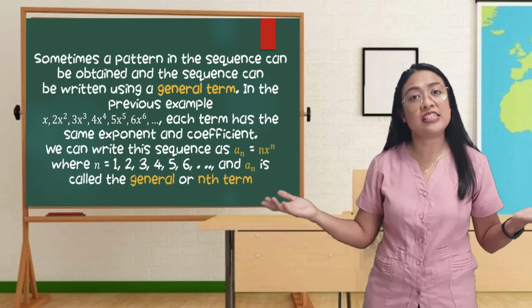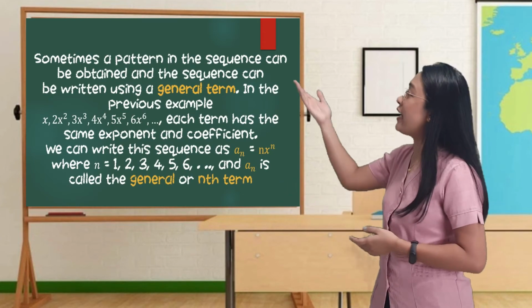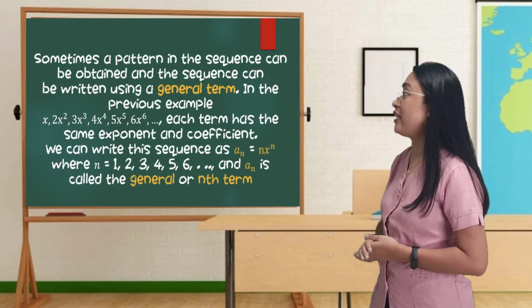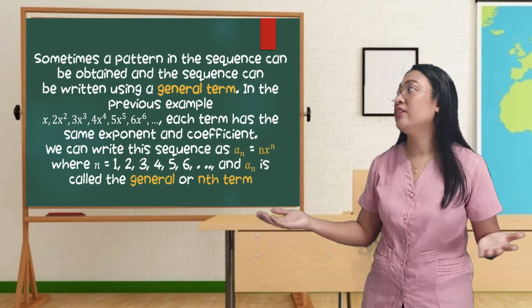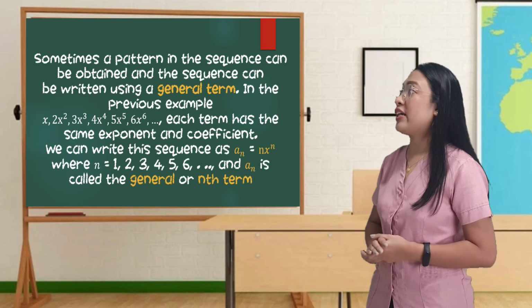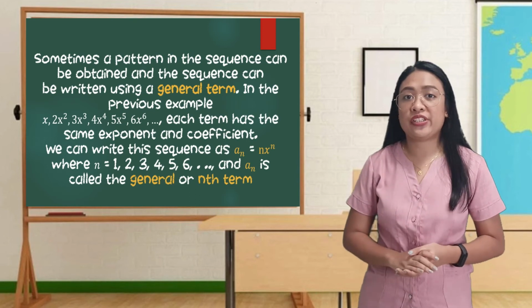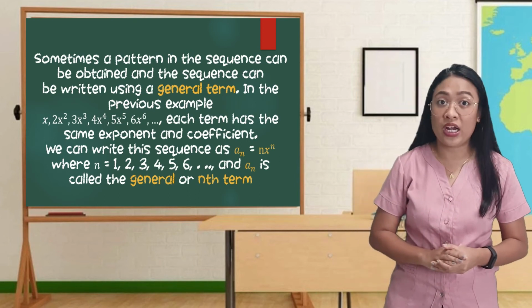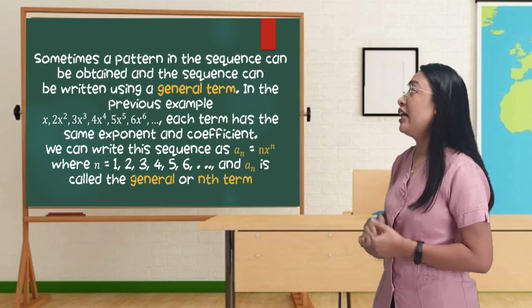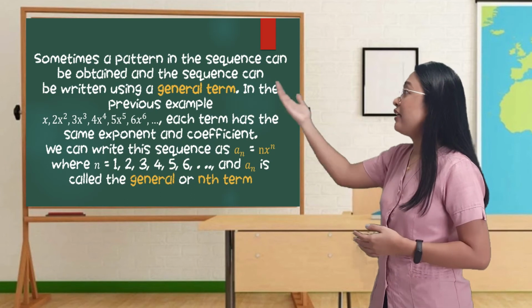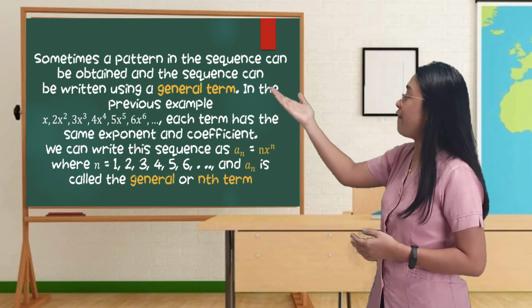Sometimes, a pattern in a sequence can be obtained and the sequence can be written using a general term. In the previous example, x, 2x squared, 3x raised to 3, 4x raised to 4, 5x raised to 5, and 6x raised to 6, each term has the same exponent and coefficient.